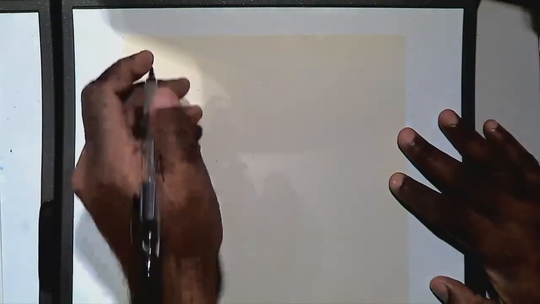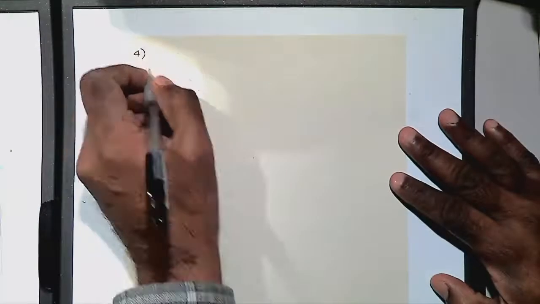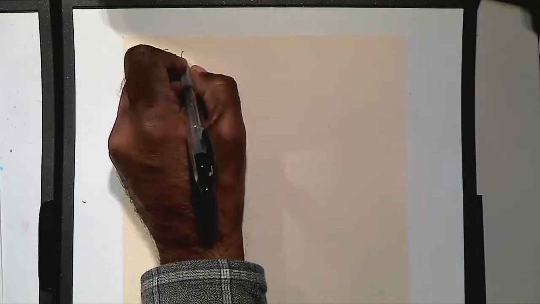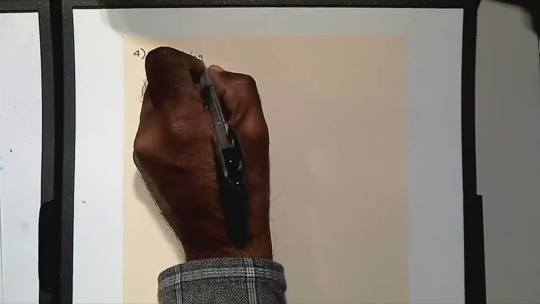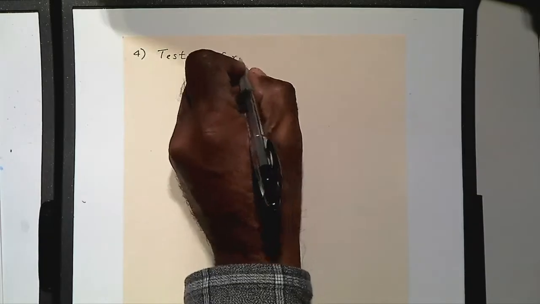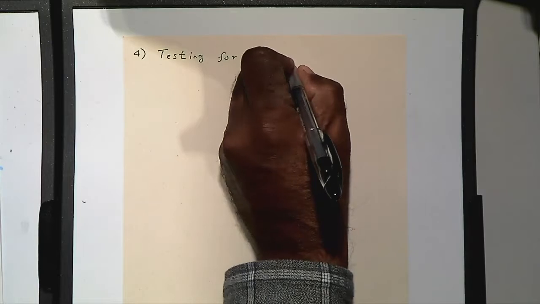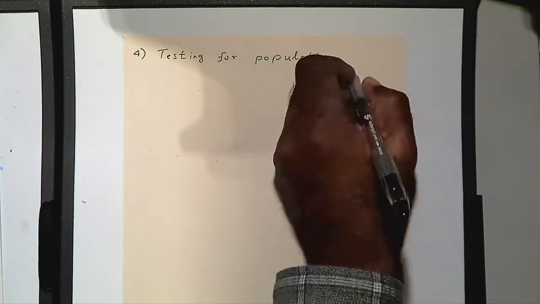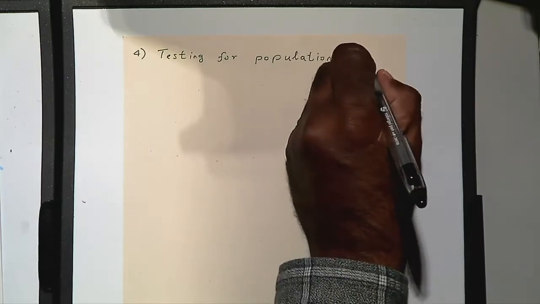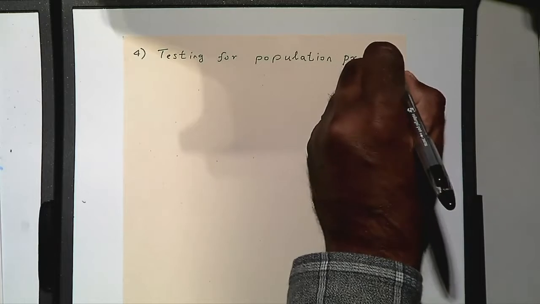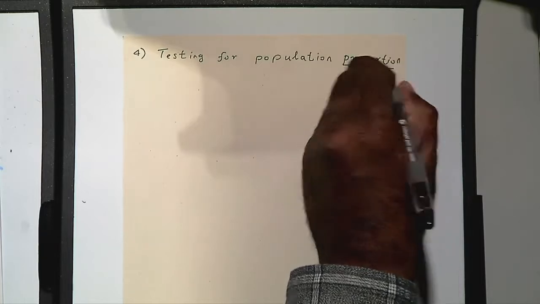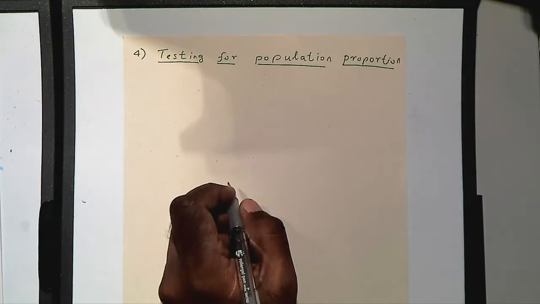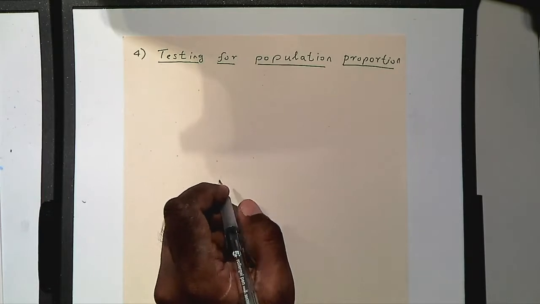So this is number 4. Number 4 is about testing for population proportion.